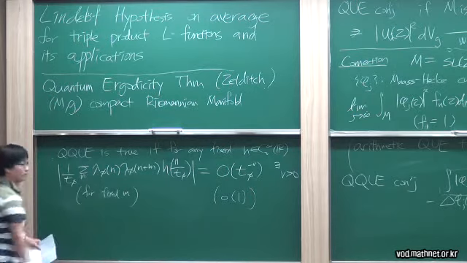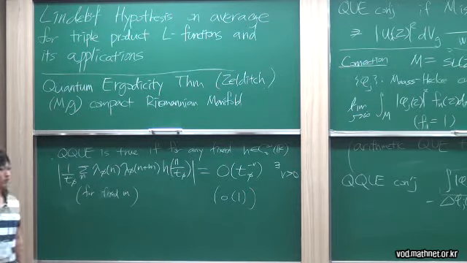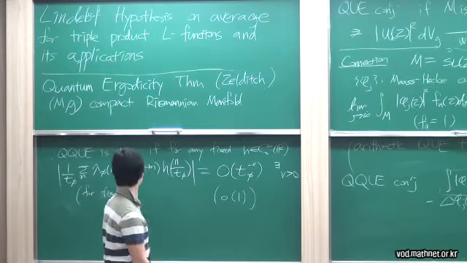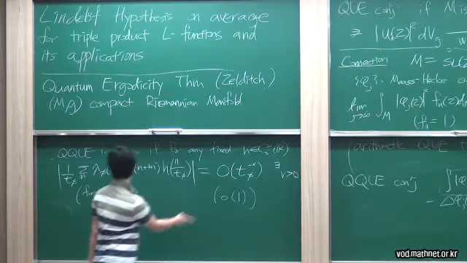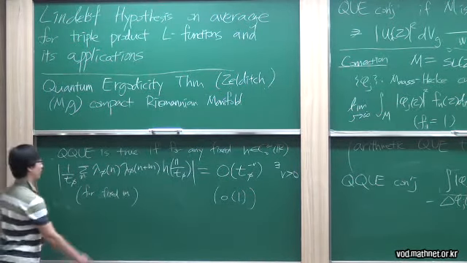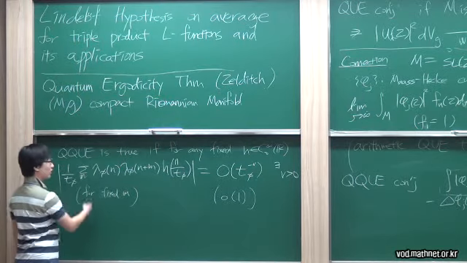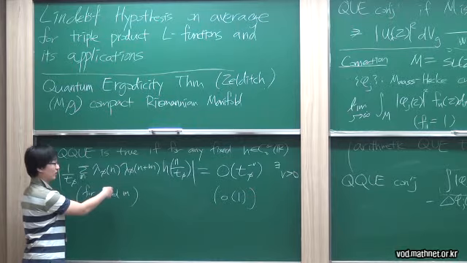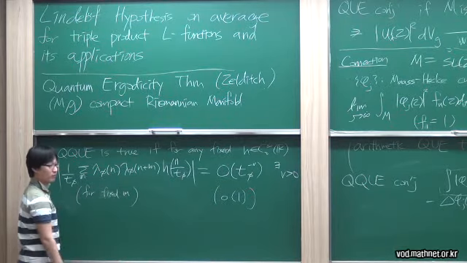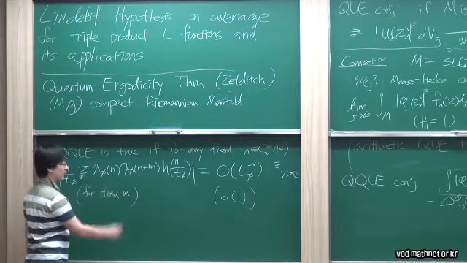Right side doesn't depend on n. The right side here? No, it doesn't depend on n because I'm summing over the Hecke eigenvalues, and that is intrinsic to the Maass form.